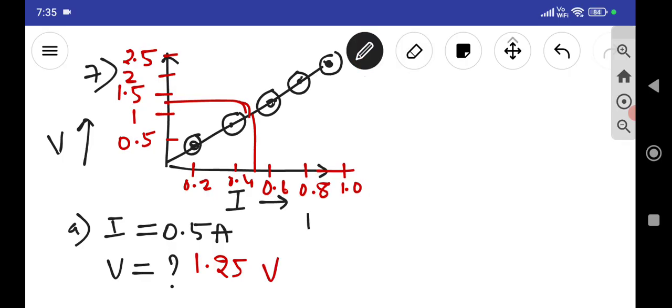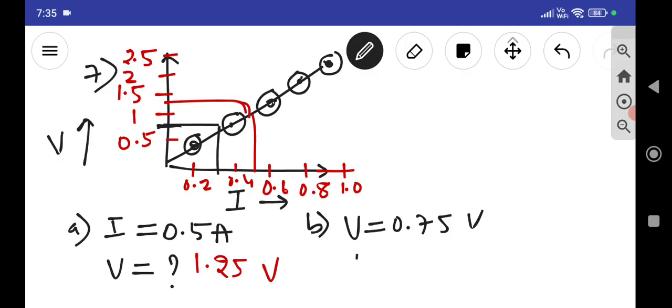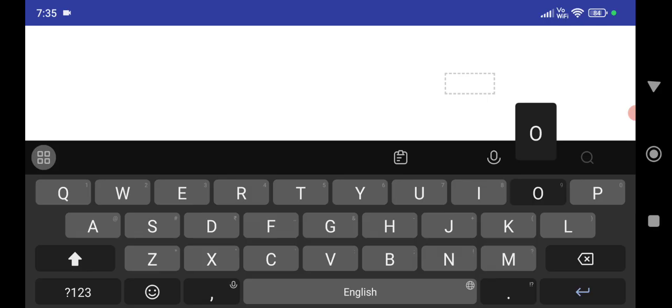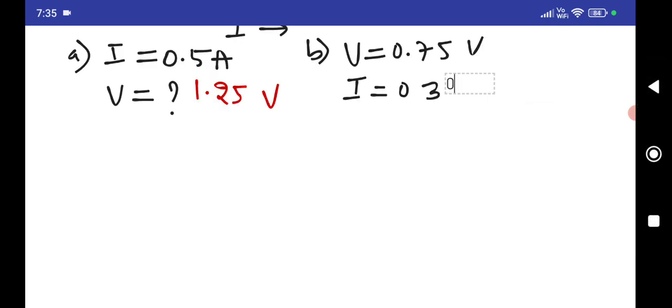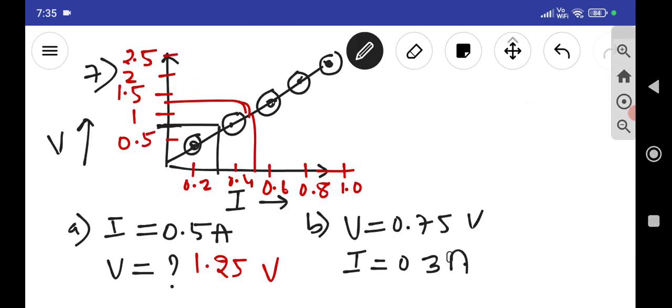Next, they have asked the current I when the potential difference is 0.75 volt. So if V is 0.75, at this point you bring it here, now it will be 0.3. So I is equal to 0.3 amperes, right? So hope you are able to understand this.